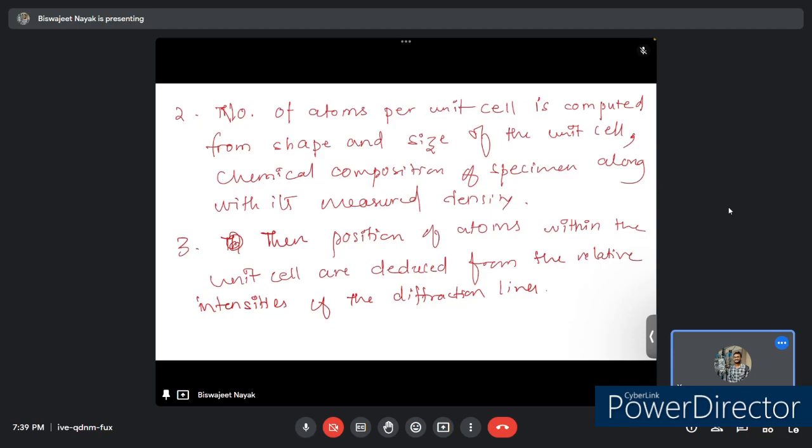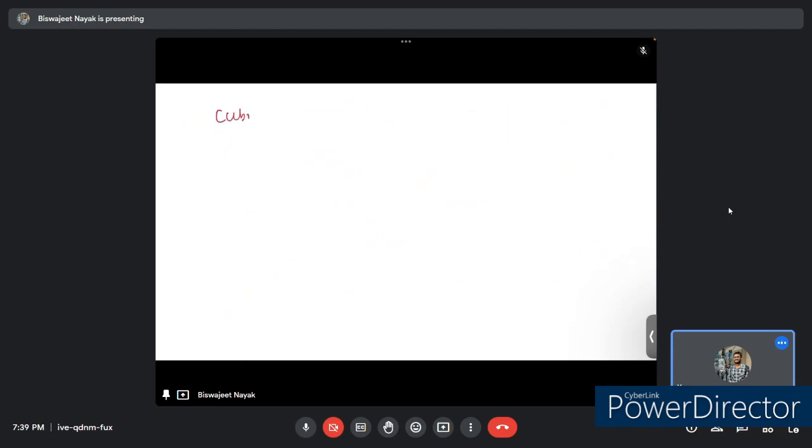Then finally the positions of the atoms within the unit cell are deduced from the relative intensities of the diffraction lines.